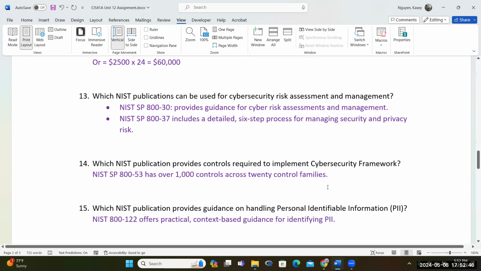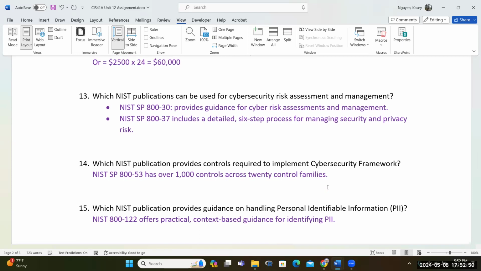Then if we're dealing with personal identifiable information, like a social security number, right? You can use NIST publication 800-122. It tells you the context-based, practical guidance on how you can identify personal identifiable information and when you're handling it.